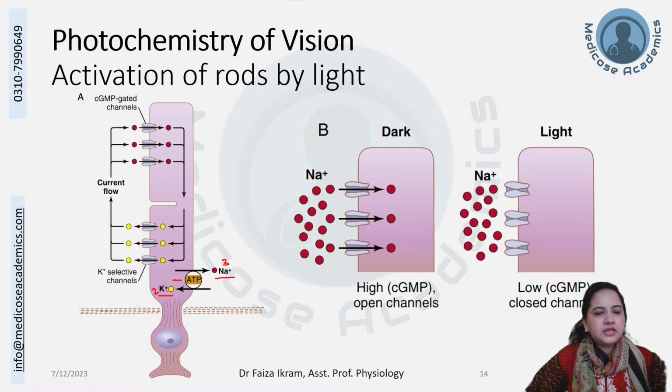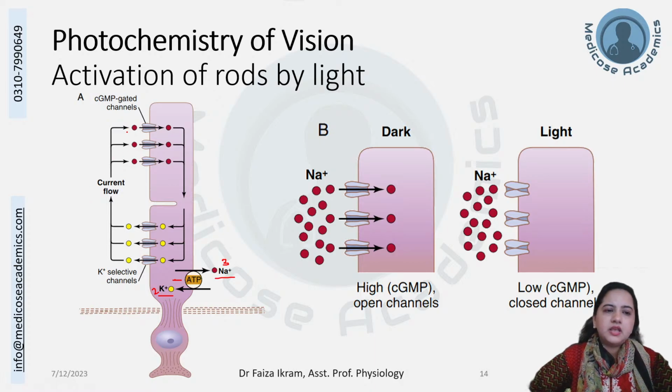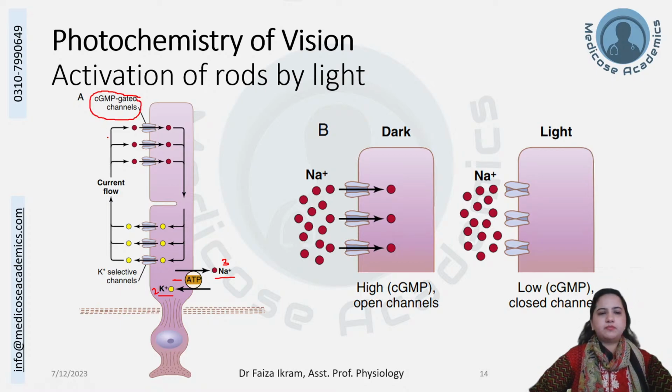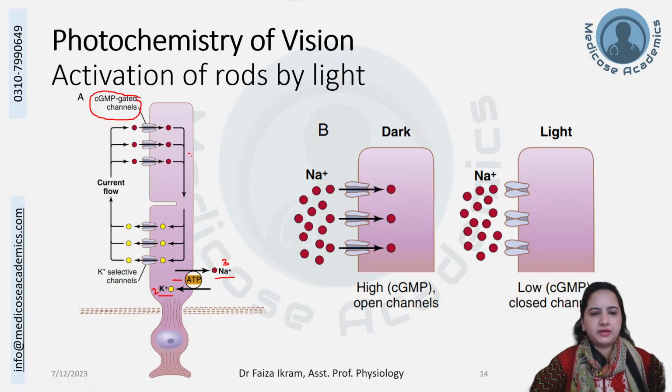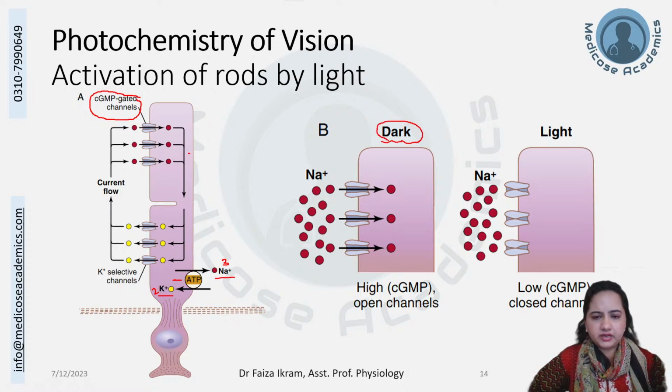Number 2, what happens inside these receptors is that potassium is continuously sent out of this segment, and these cyclic GMP gated channels are moving sodium into the outer segment of rods and cones. This is the magnified version of this in the state of dark.